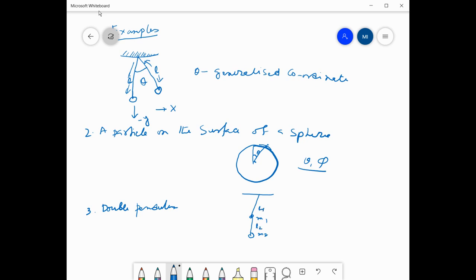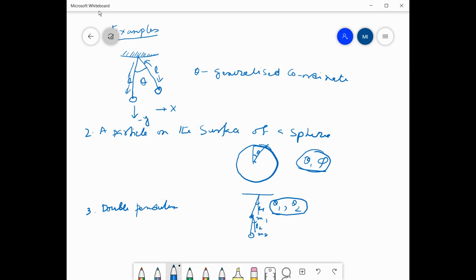So what will be the degrees of freedom? What will be the generalized coordinates? If I take the angles with the vertical, then theta 1 and theta 2 are the generalized coordinates. Here, for the sphere, theta and phi are the generalized coordinates. For a double pendulum, the angles the balls make with the vertical direction are the generalized coordinates.